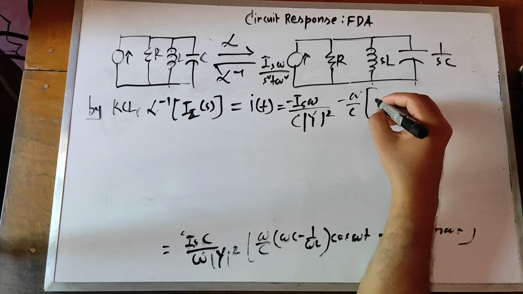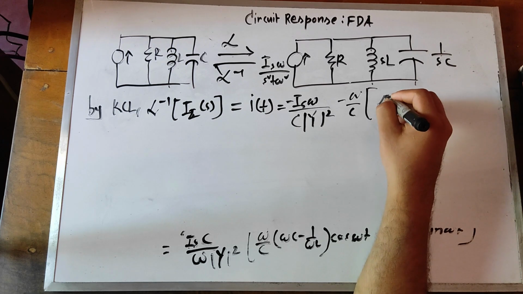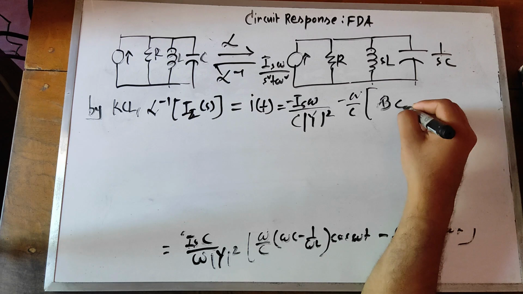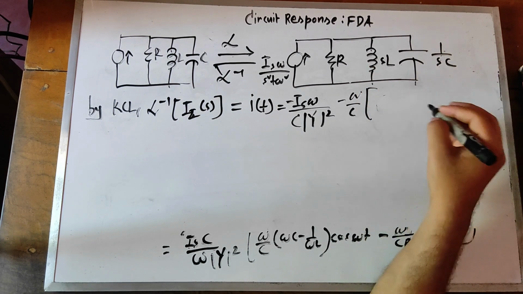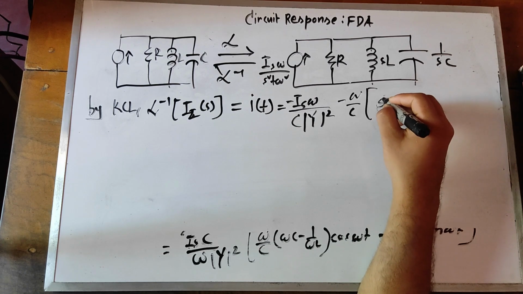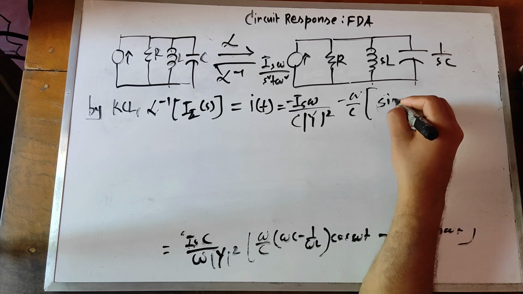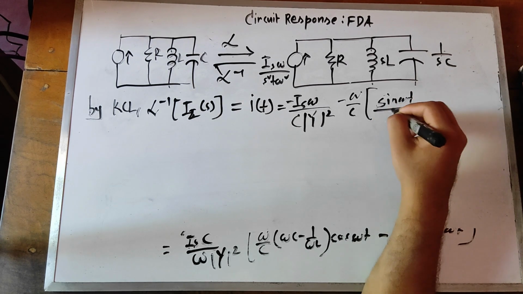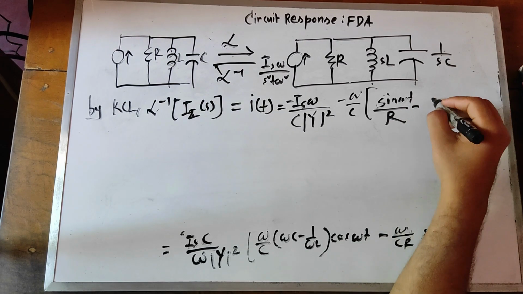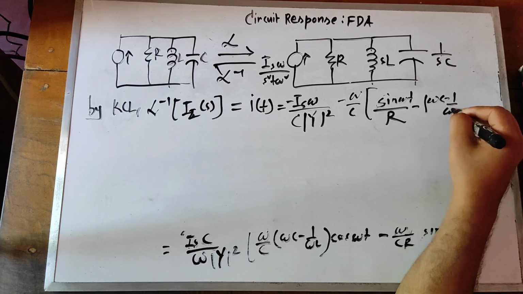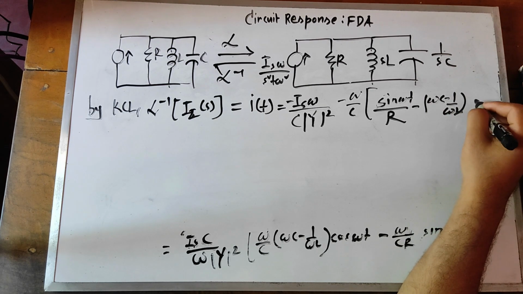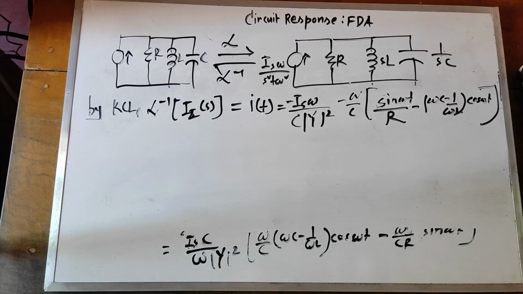So this is obviously susceptance, sorry, so this is sine omega t by r minus omega c minus 1 by omega l cos omega t.